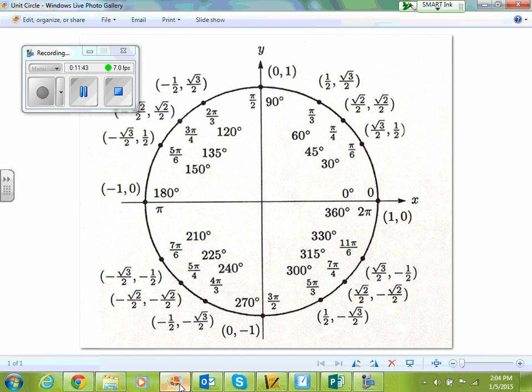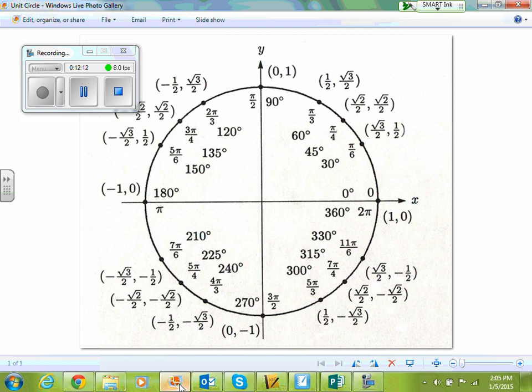Look at this unit circle, I'm just looking at my x values. Do we find a square root of 2 anywhere on our unit circle for our x values?